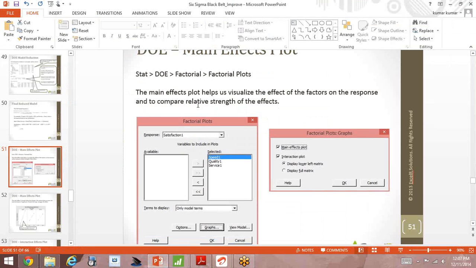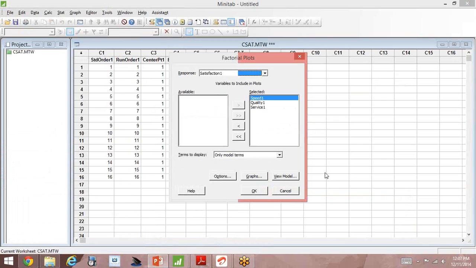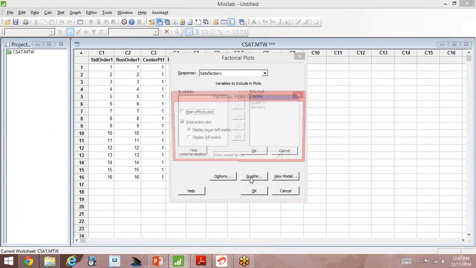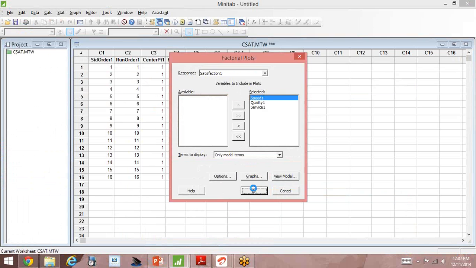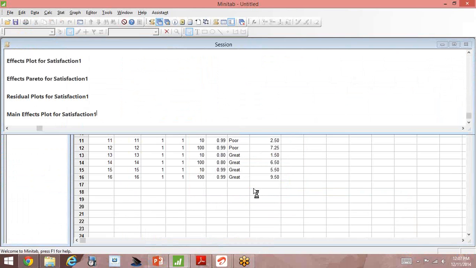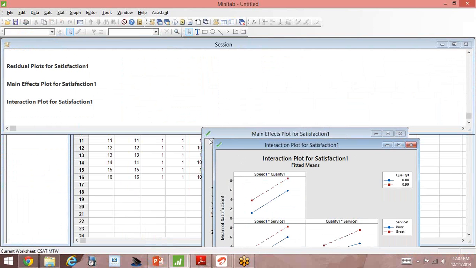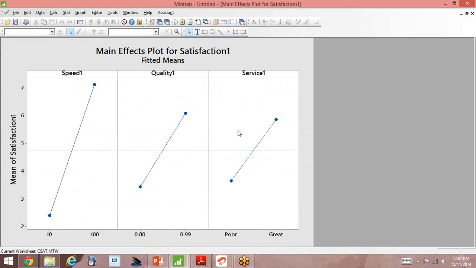So that is where we are, speed, quality, service, only model, graphs. Let me go to graphs and also select the means effect. Okay, so this is the graph that I'm getting.